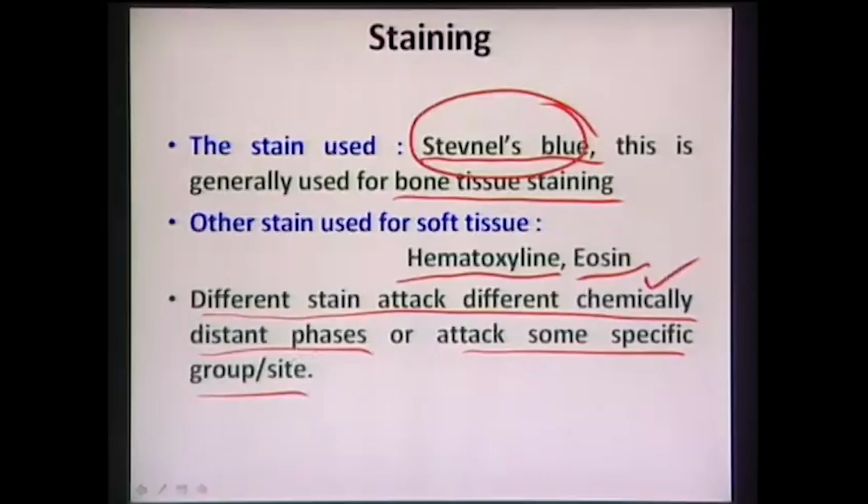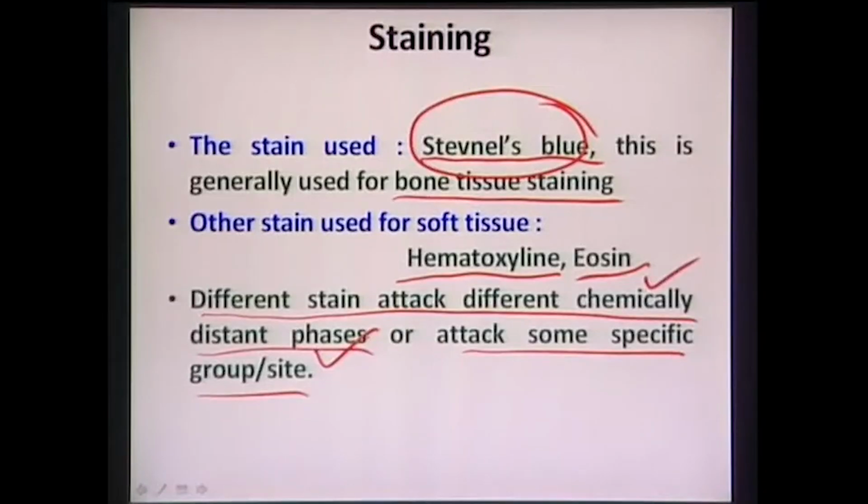Different stains attack chemically distinct phases or specific groups or sites. Like an etchant in metals and ceramics, which chemically attacks the different grains and reveals the grain boundaries, these stains attack different chemically distinct phases. Mitochondria have a different chemical environment compared to the nucleus per se, so the nucleus will stain differently compared to mitochondria, the extracellular matrix, the actin filaments or the cytoskeleton. Although all these phases are bound in the same cell, they have different chemical compositions, and accordingly they will be attacked in a different manner by the stains.